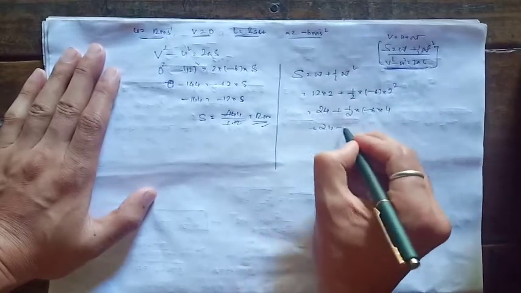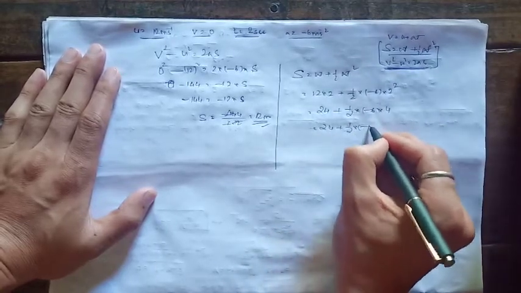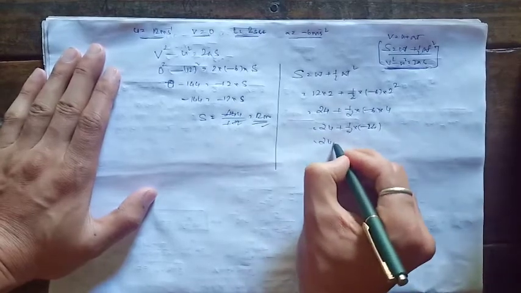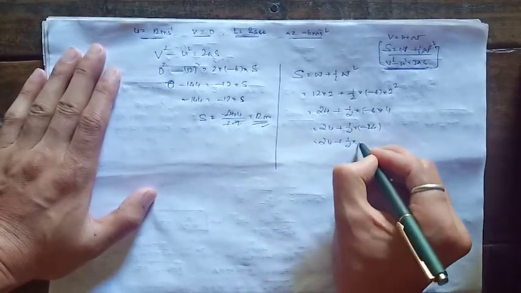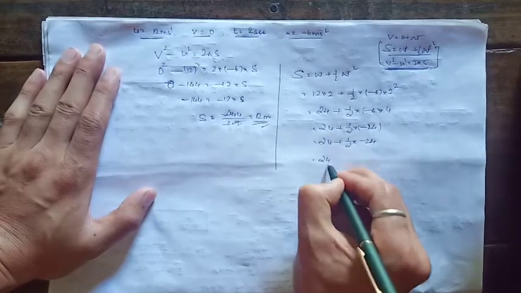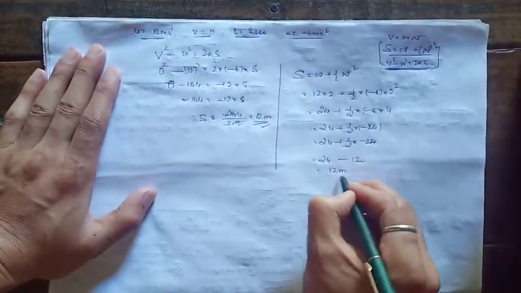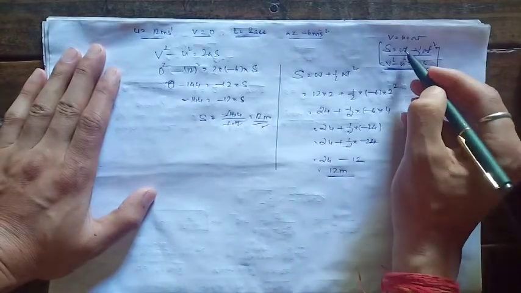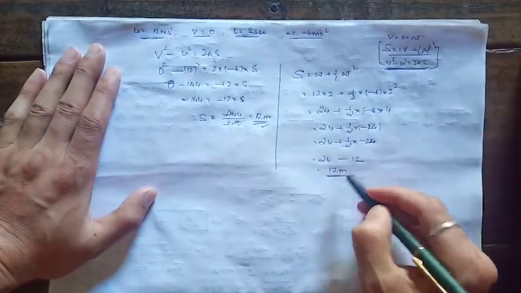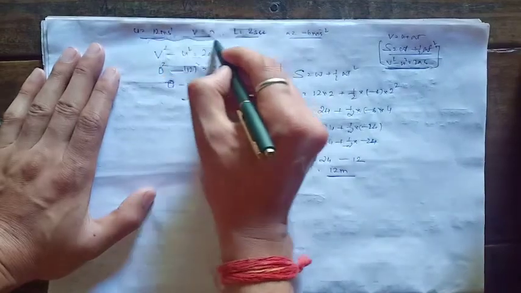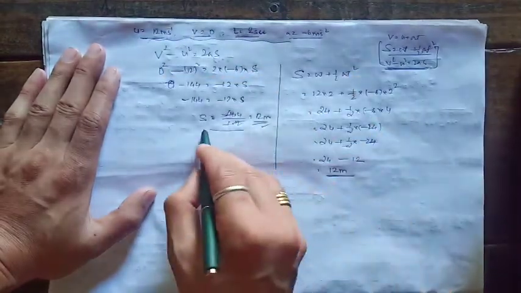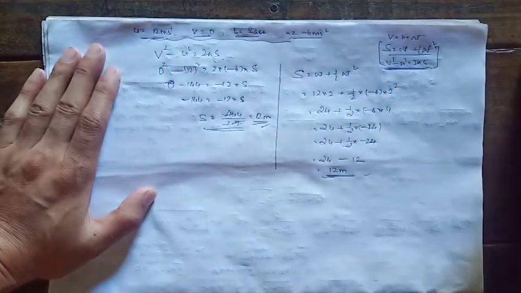So it's 24 plus half into minus 24. So 24 plus half minus 24. If you cancel this, you'll get minus 12. So 24 minus 12 gives you 12 meter. So you can use any of these two equations to calculate the distance if the given data is available. So that's how we got the value. Using both the formulas, we've got the answer. That's all.